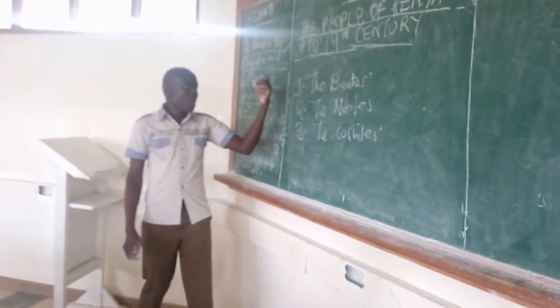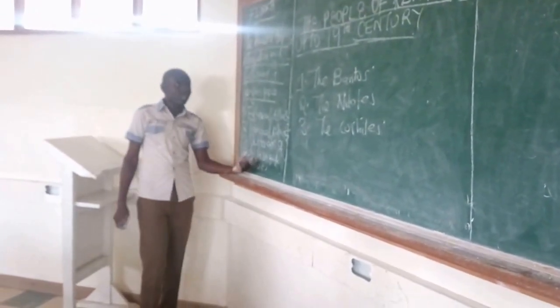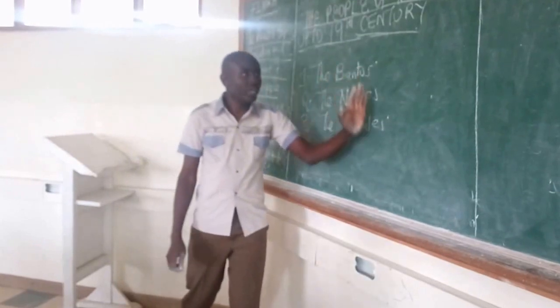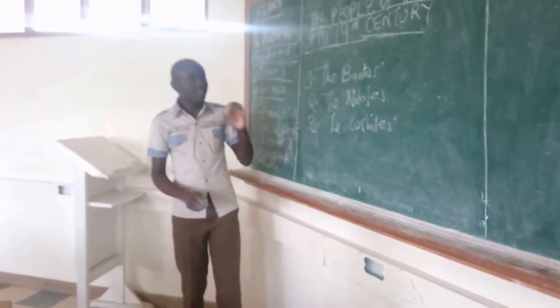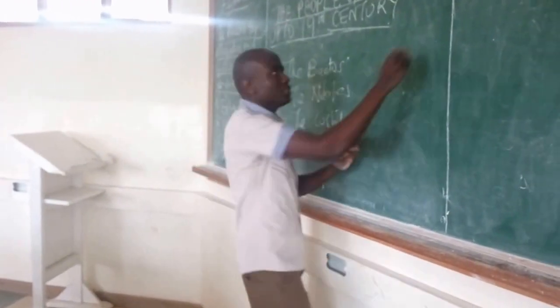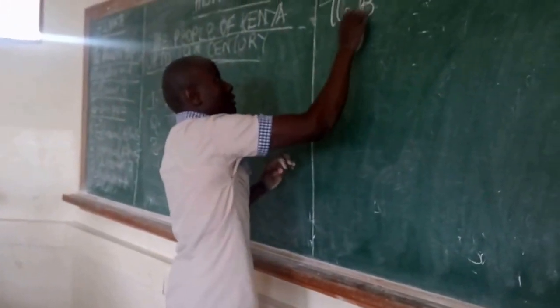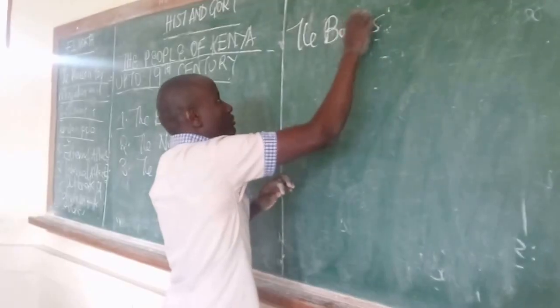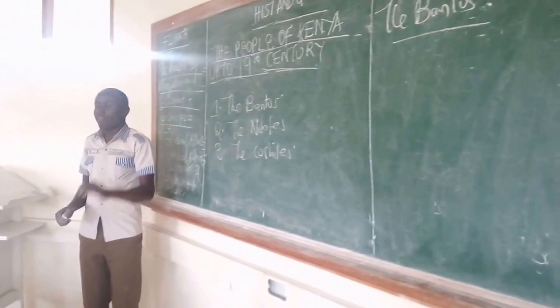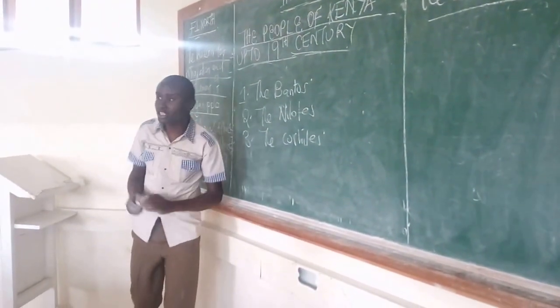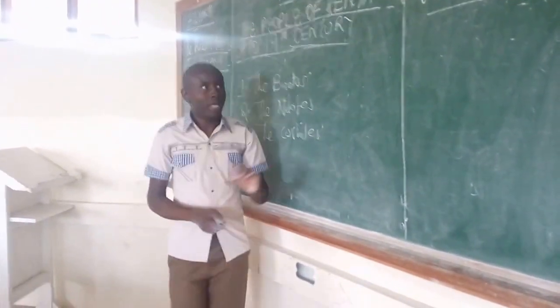So after identifying the reasons, let's now look at the major divisions of each linguistic group. Let's start with the Bantus. You know very well that the Bantu communities dispersed from a point known as Sungwaya.